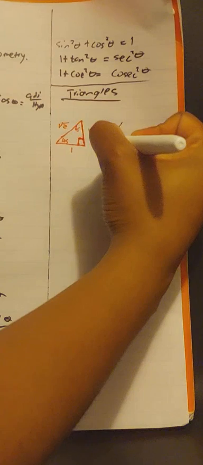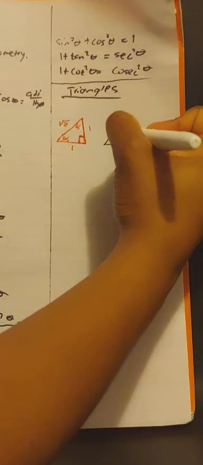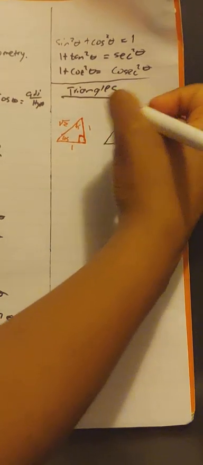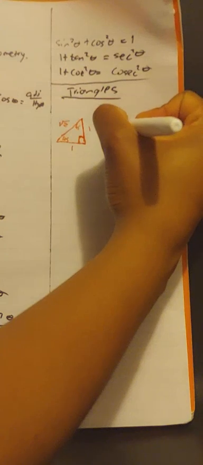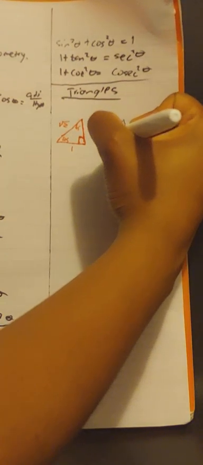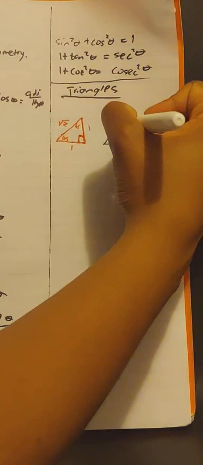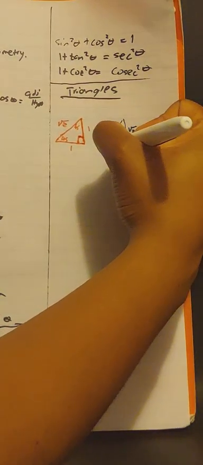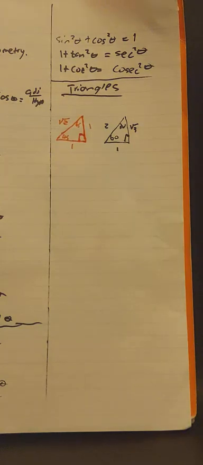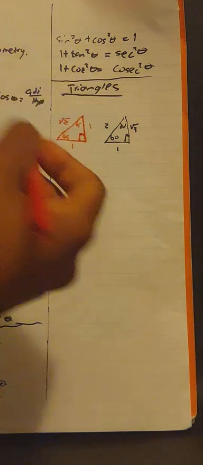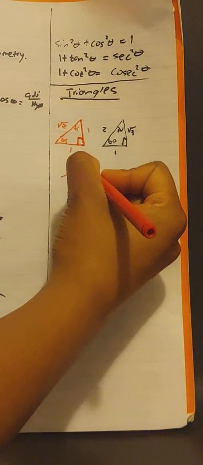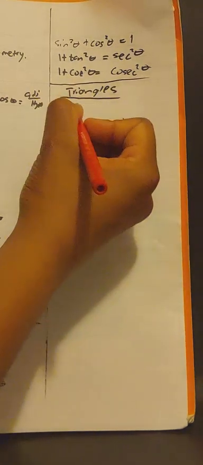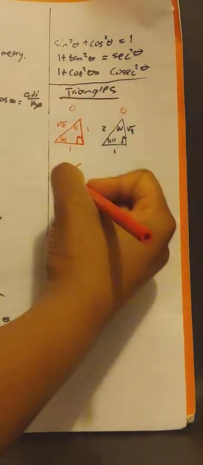of 60 and 30. 30, 60, 2, square root of 3, 1. And the last one, it's also important, guys, but most of the time you're going to be using these ones.